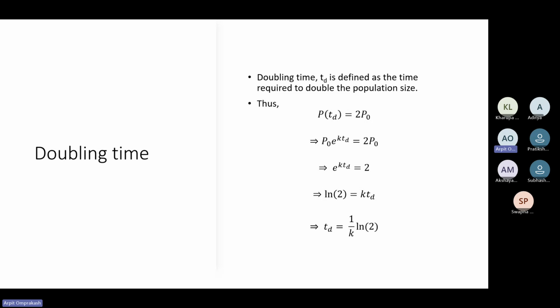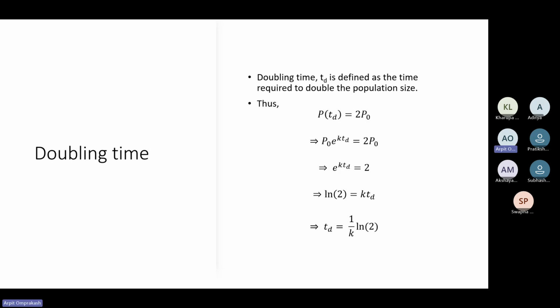The other thing that we generally check when we are looking at population studies is something called doubling time. So doubling time is defined as the time required to double the population size. So let's say from 2 to 4, from 4 to 8, and so on.